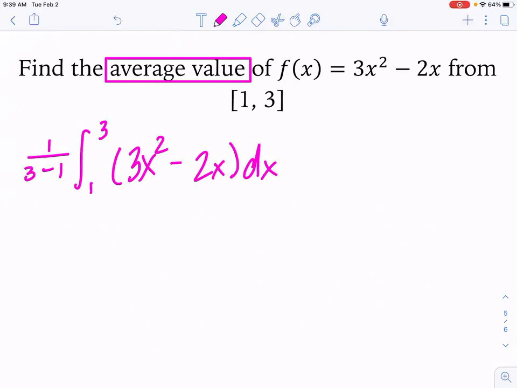Okay. Bless you. Okay, so we have 1/2 times, well, I really chose a pretty nice function, didn't I? Our antiderivative is just x cubed minus x squared, from 1 to 3.